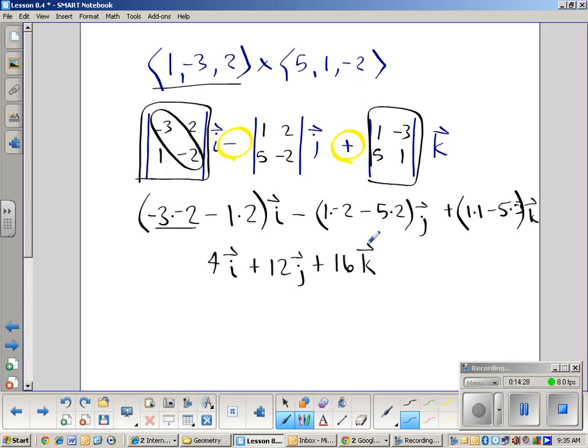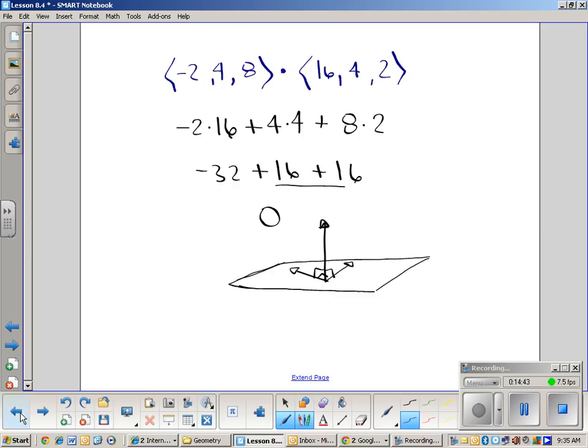Remember we said the cross product gives us a vector that's perpendicular to each of those original 2 vectors. And so this represents our vector that might look something like this.